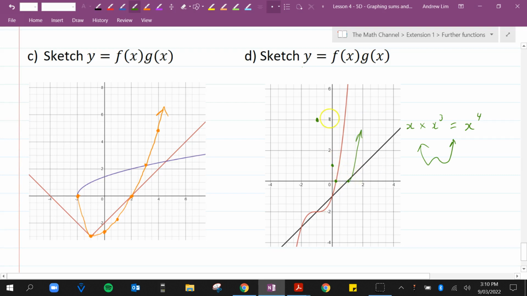Alright. So it's going to look something like that. That's my bumpy parabola.